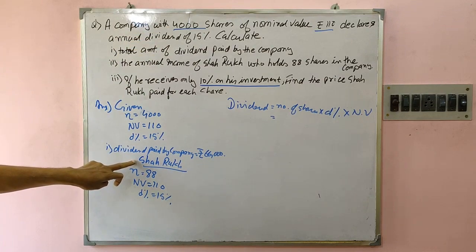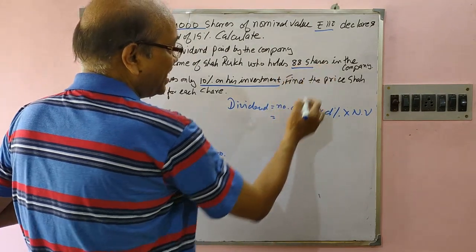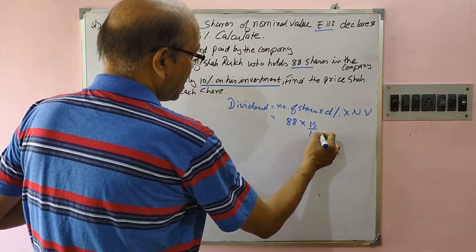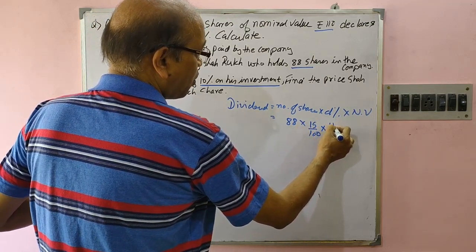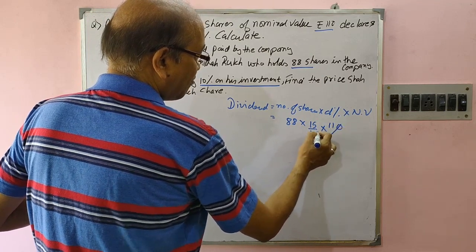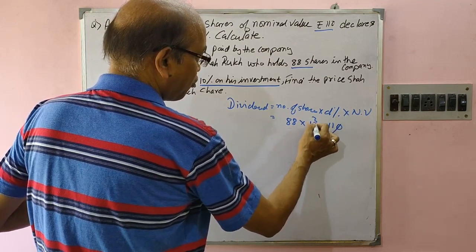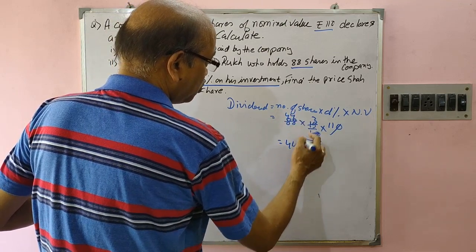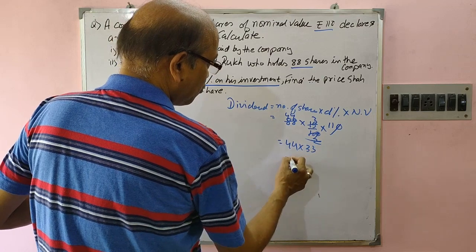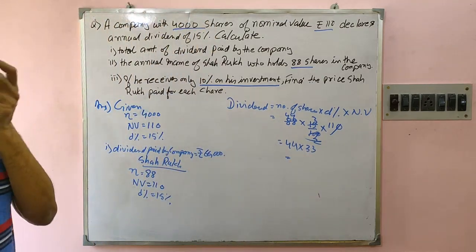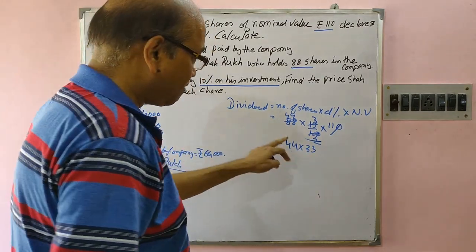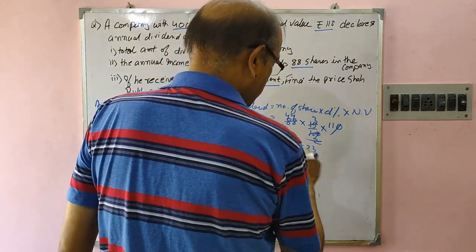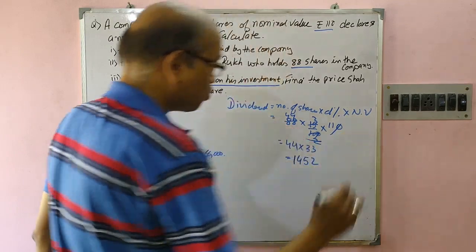How many shares does he have? 88 shares into same 15 by 100 into 110. 5 2s are 10, 5 3s are 15, 2, 44. That means 44 into 3 11s are 33, which is equal to 1452.